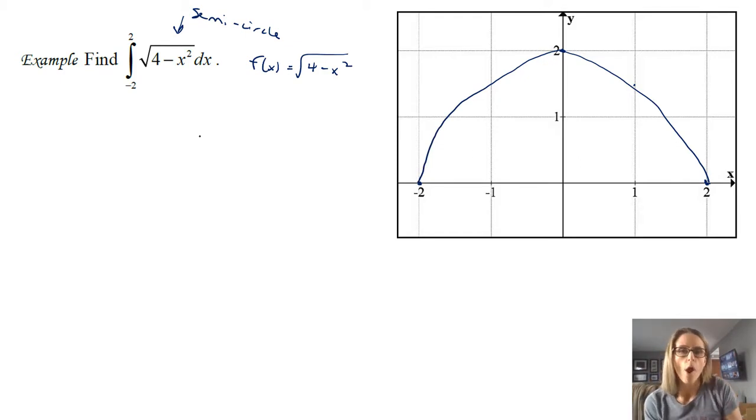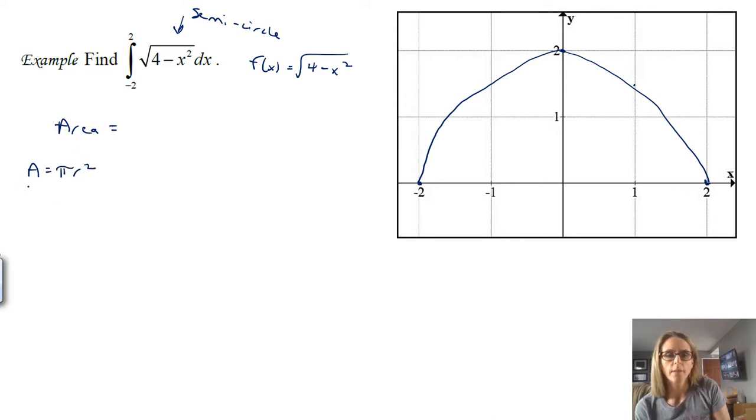Okay, so the point is the area of this we can think of geometrically speaking. That's all I'm trying to say. And we know that the area of any circle is pi r squared, so the area of any half circle, semicircle, would be 1/2 pi r squared.